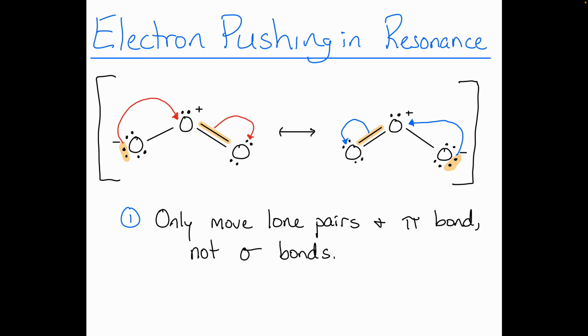Okay. This is not a true rule if we were talking about our reaction mechanisms, but again, specifically within the context of resonance, we got to follow this rule here. We can only move lone pairs and pi bonds.